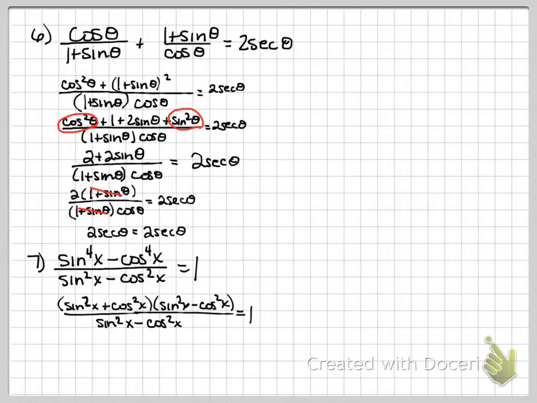And if I look at that, I have the same factor on the top and the bottom, and so I'm going to just cross those off. And I'm left with sine squared x plus cosine squared x to equal 1, and I know that that identity is equal to 1, so 1 equals 1.